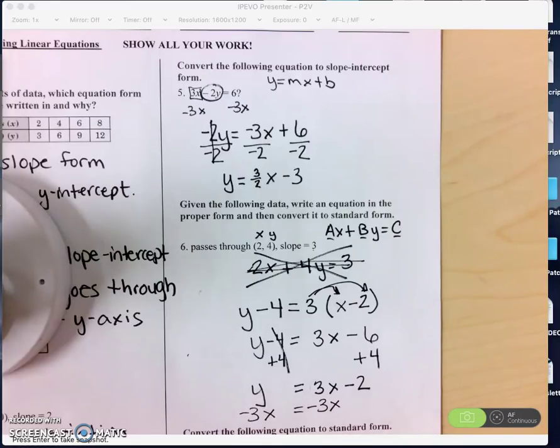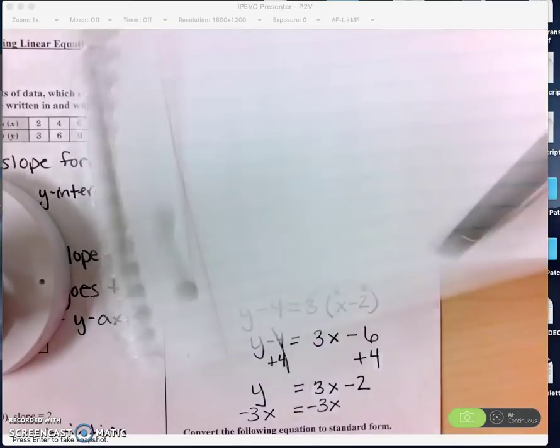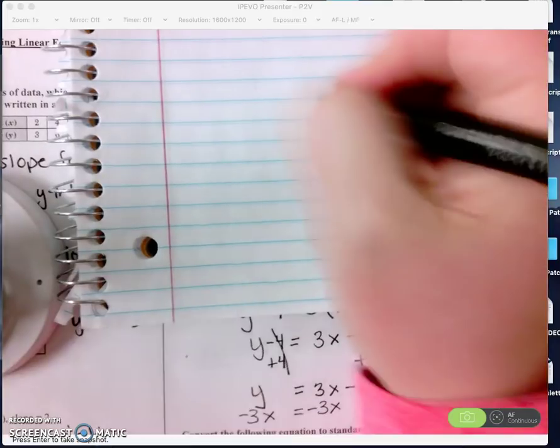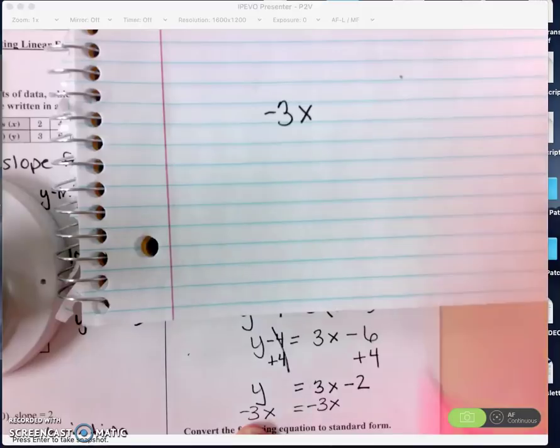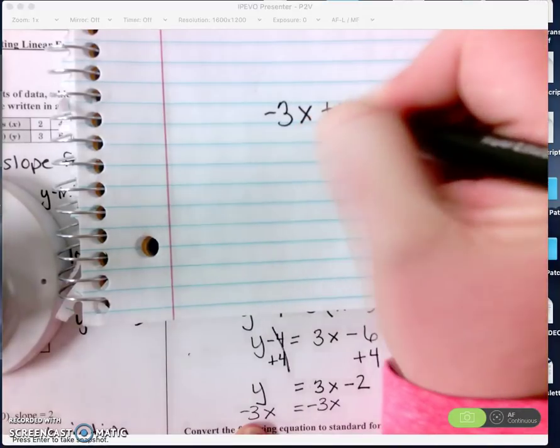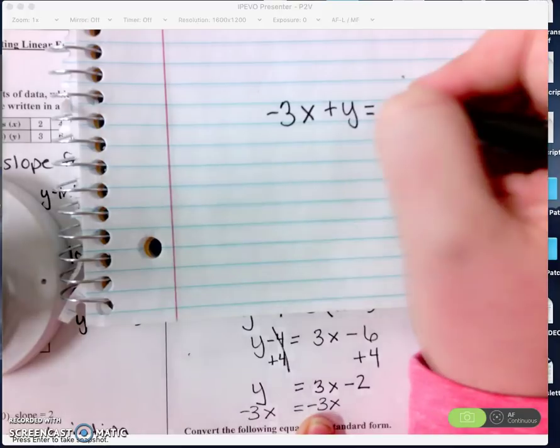Oh, I did it wrong. I mean, this way you can do it, but there is an easier way that I will show you in a second. So here I have a negative 3x on this side, and then I have plus y equals negative 2.